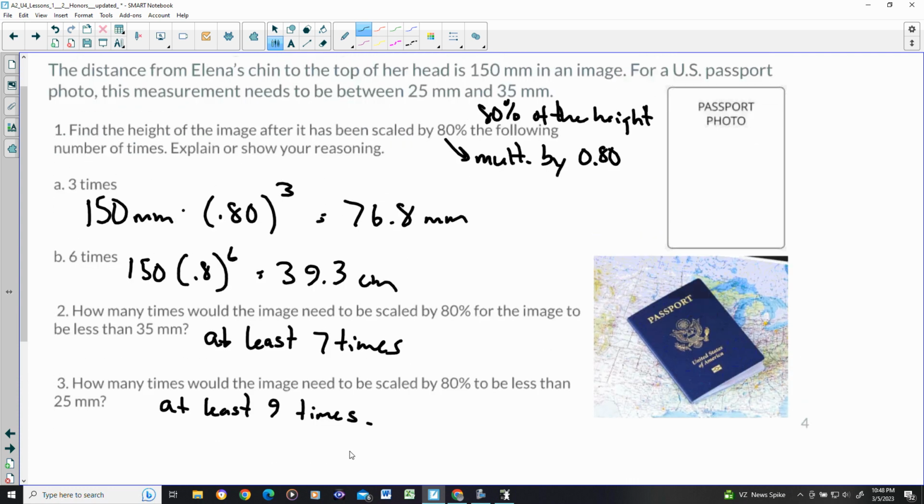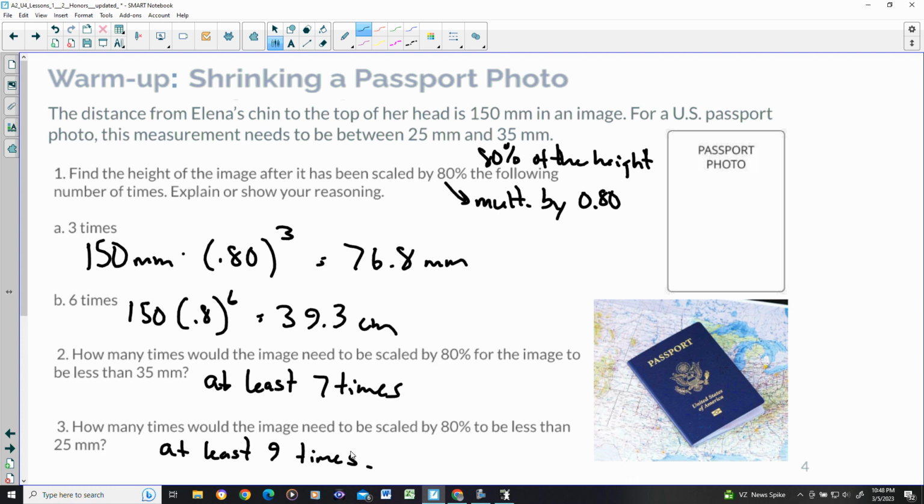And so from that, what that means is that if the measurement has to be between 25 and 35 millimeters, ultimately we can provide the scaling 7 or 8 times. You need 7 to get it small enough, and then at 9 times it's too small. So 7 or 8 is going to work.